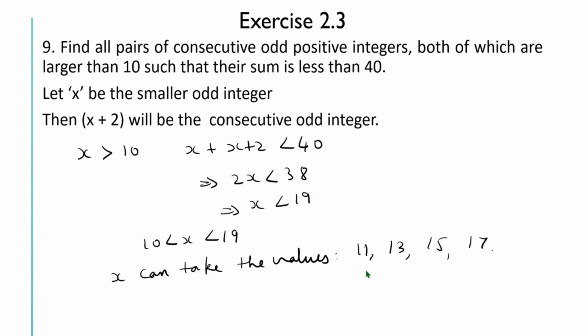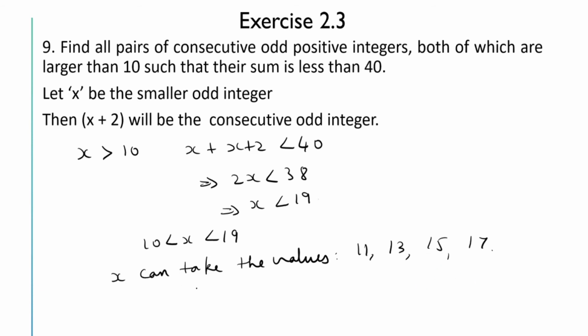So these are the odd positive integers between 10 and 19. So when x takes the value 11, the consecutive odd integer will be 13. So when x takes the value 13, the consecutive odd integer is 15 and so on.